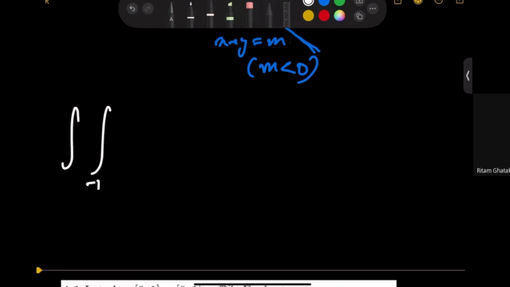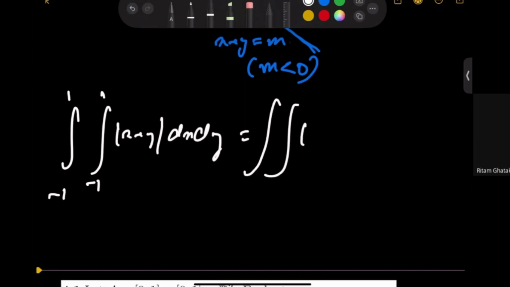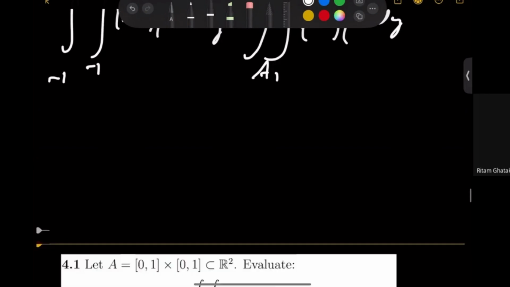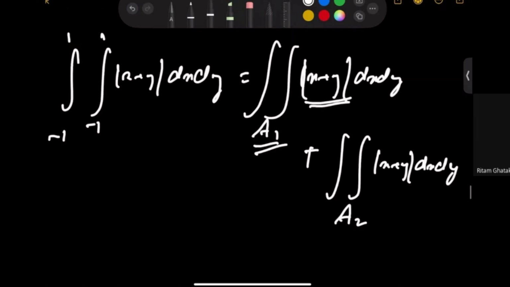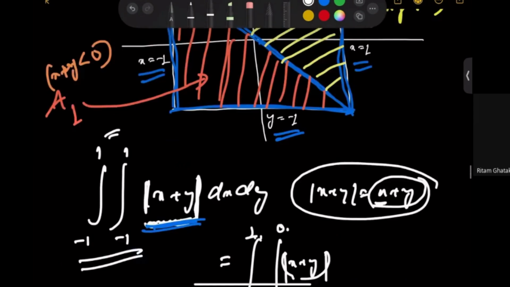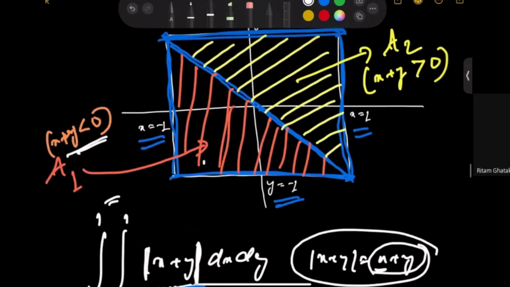Double integral from minus 1 to 1, minus 1 to 1, mod x plus y dx dy, over A1 first, and then over A2: x plus y dx dy over A2. And in A1, x plus y was negative, right?